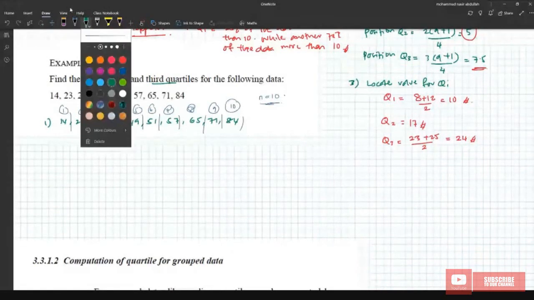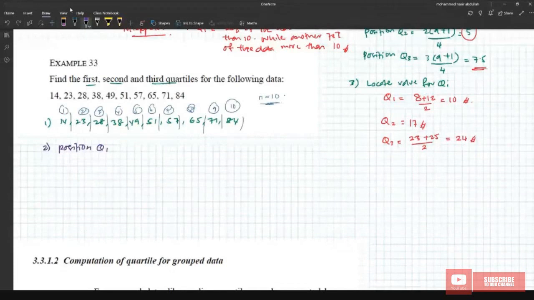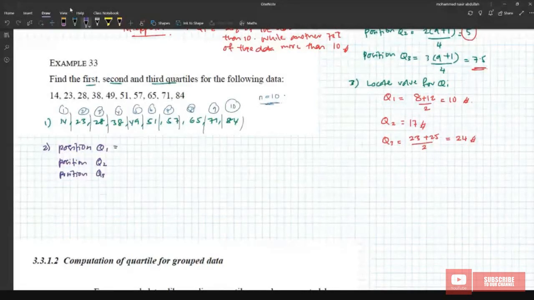So second step is we need to find the position of quartile 1, quartile number 2, and quartile number 3. Position of quartile number 1 is i equal to 1 multiplied with n plus 1 divided by 4. So n is equal to 10, plus 1 divided by 4. So it should be 11 over 4.